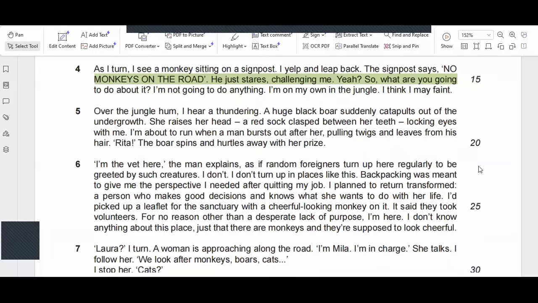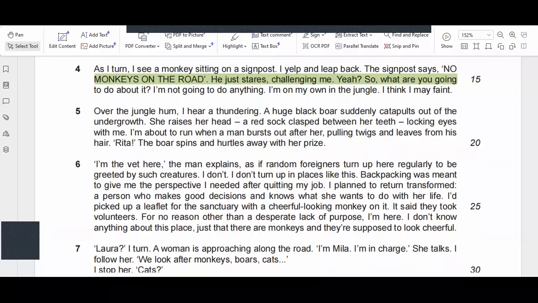The narrator is just about to escape when a person jumps out of the plants behind her, brushing off small branches and greenery from his hair. The person shouts Rita, and the animal twirls around and dashes off very quickly, still carrying her stolen item. So there was a wild pig, which is basically known as the boar. So she was holding a red sock.